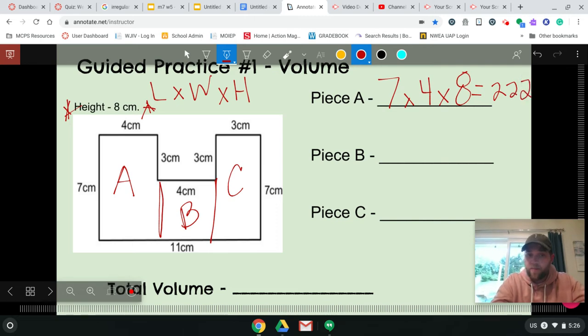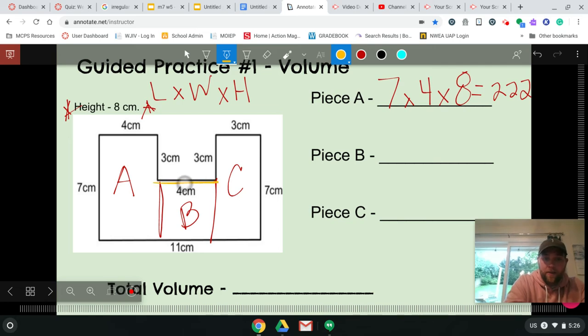Okay? Piece B, I need this piece right here, so I'm going to call that 4. I need this piece right here. Well, what do you think that is? If you look right above it, I know that this piece right here is 3. And I know that the whole thing, from right here all the way down, has to be 7.